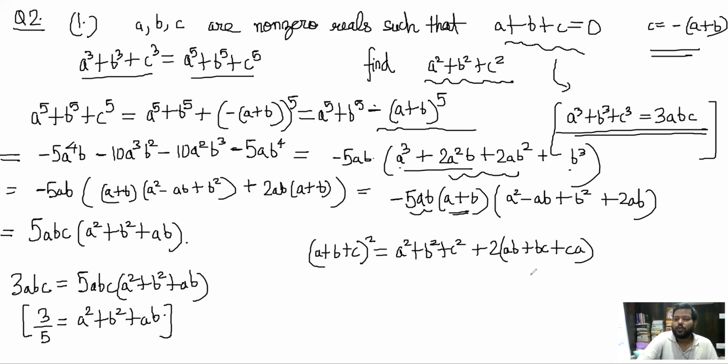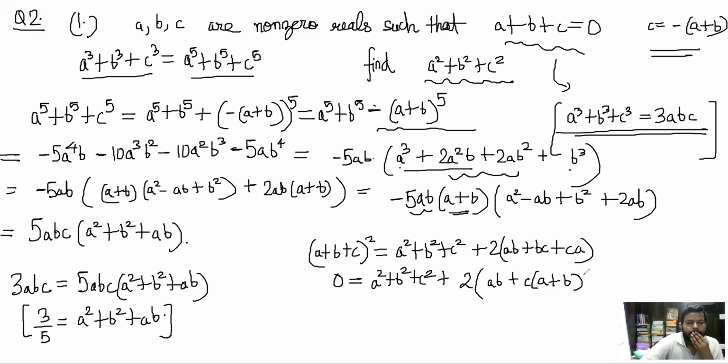So the left-hand side is 0, so it is equal to a square plus b square plus c square plus 2 times, if I take c common here, (ab plus c times (a plus b)), right? So we should be able to prove that this ab plus c times (a plus b) is correct.